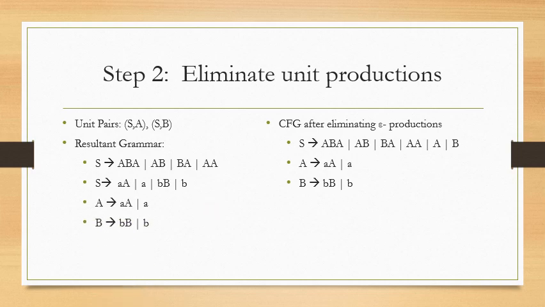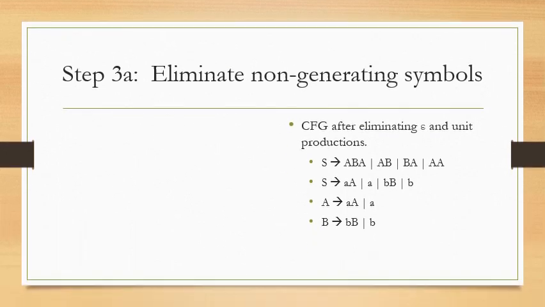The original productions of A and B will remain as they are. The third step is elimination of useless symbols, where you have to find which are non-generating and non-reachable. S is generating, as it can generate terminal symbols through A and B. A also has a terminal, and B also has a terminal.